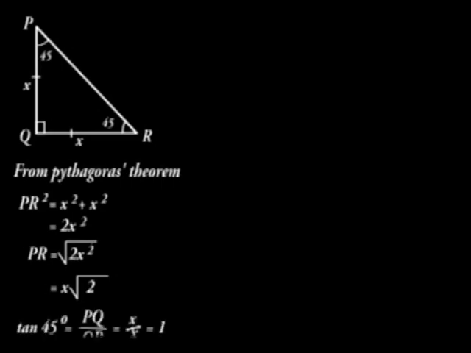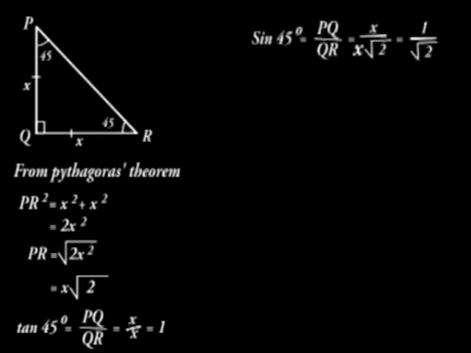Tan 45 is equal to PQ over QR, which is equal to x over x, which is equal to 1. Sin 45 is PQ over PR, which is equal to x over x root 2 and is equal to 1 over root 2. Cos 45 is QR over PR, which is x over x root 2, which is 1 over root 2.